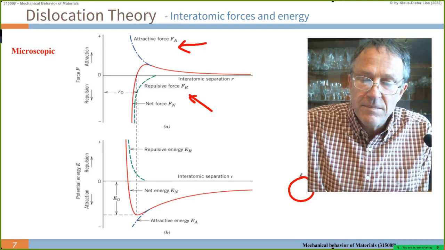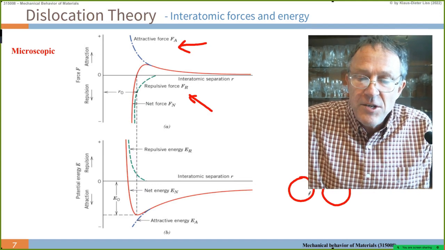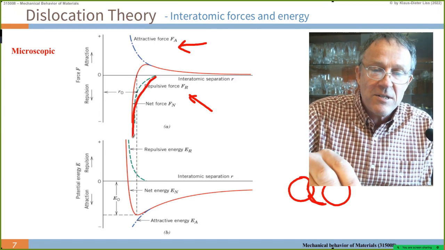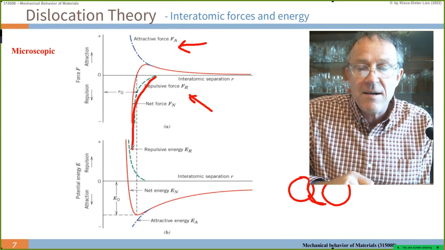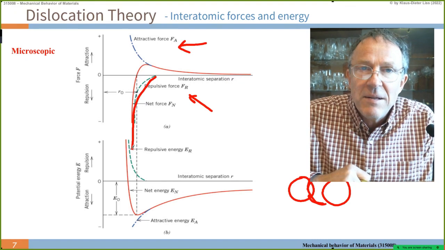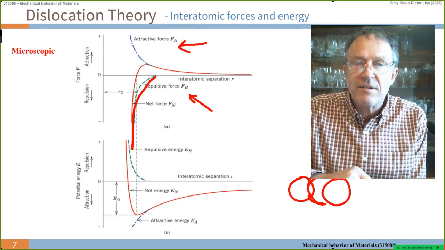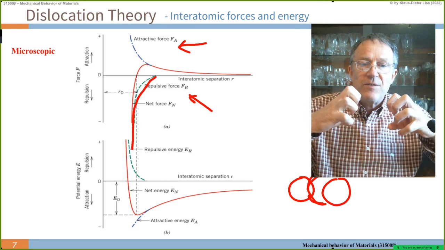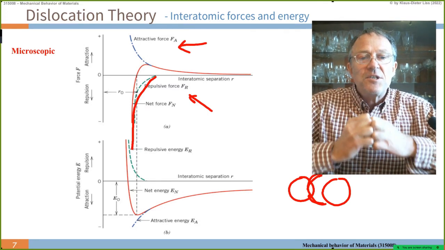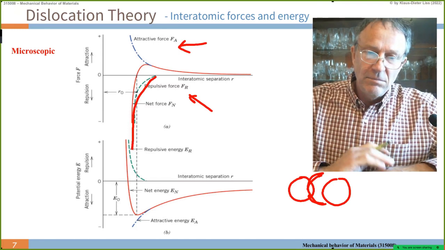So we have two atoms and we can bring them together. Eventually, when they superimpose, we get strong repulsive forces. That means the spheres are hard to penetrate into each other. They can penetrate a little bit, but there's a strong repulsive force due to the electronic interactions, the electron shell. So we can say they're hard spheres, and when they touch each other, we have to deform the electron shell, not just the atoms, but the electrons.